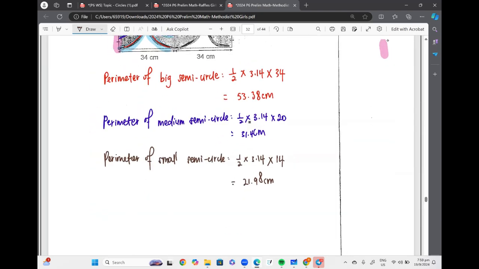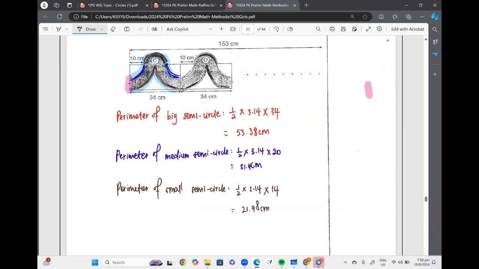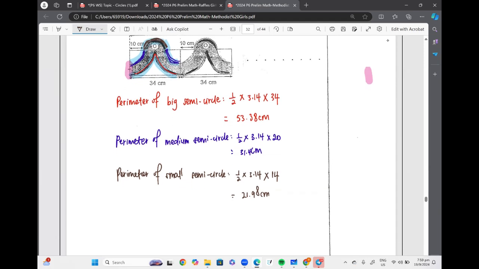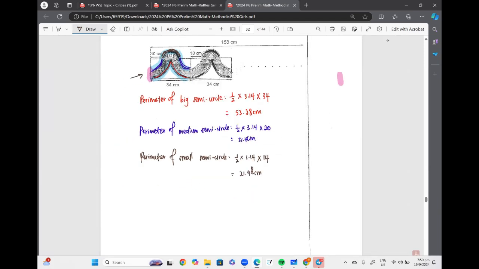So technically, I can find the total parameter of one particular figure, excluding the pink part. It would just be 53.38 plus 31.4 plus 21.98, which I'll get to an answer of 106.76 cm.